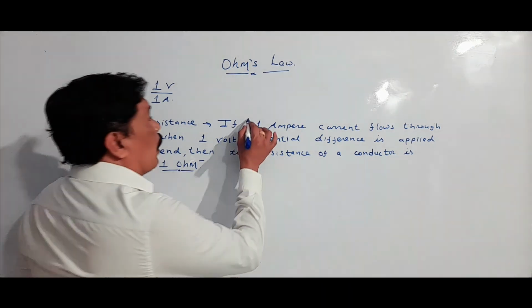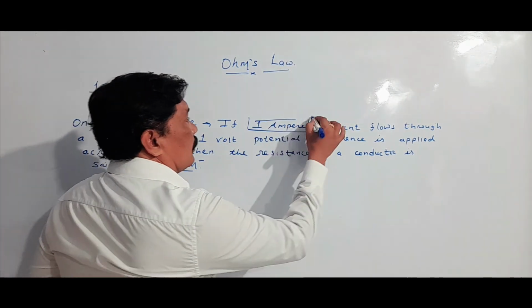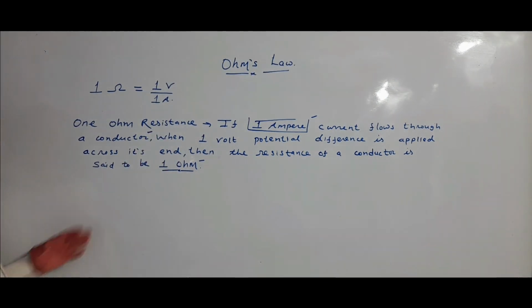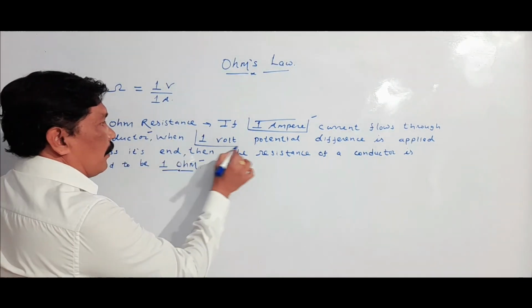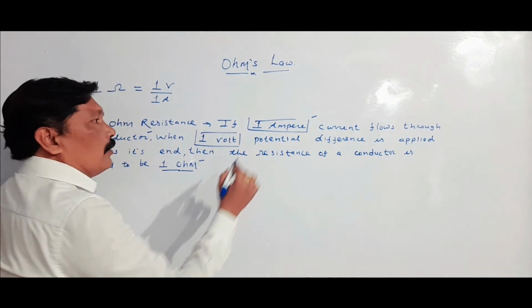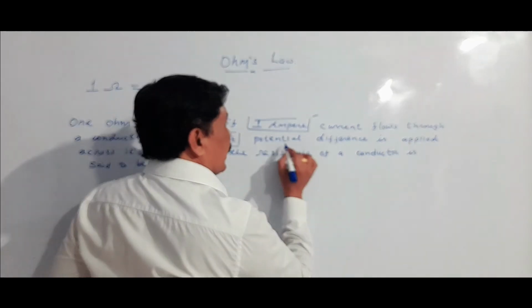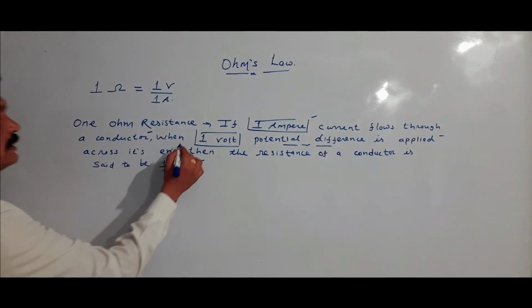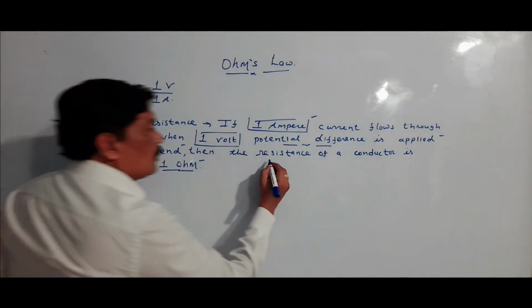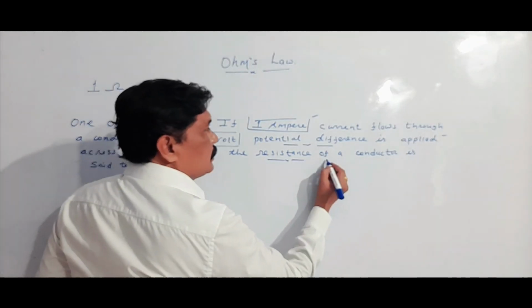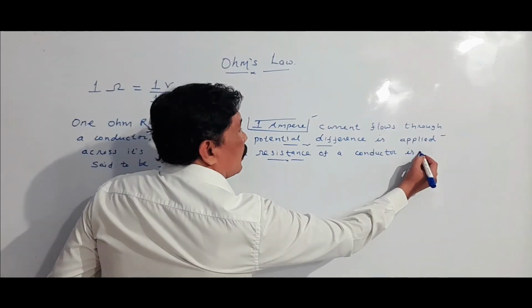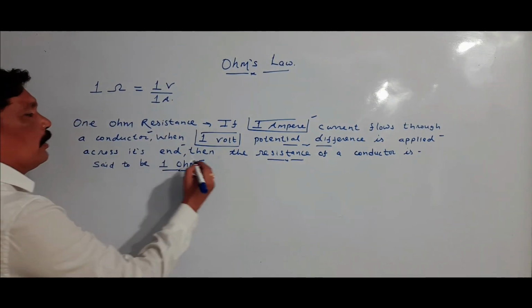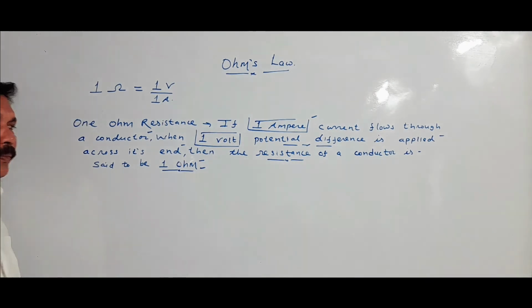If 1 ampere current flows through a conductor, when 1 volt potential difference is applied across its ends, then the resistance of a conductor is said to be 1 ohm.